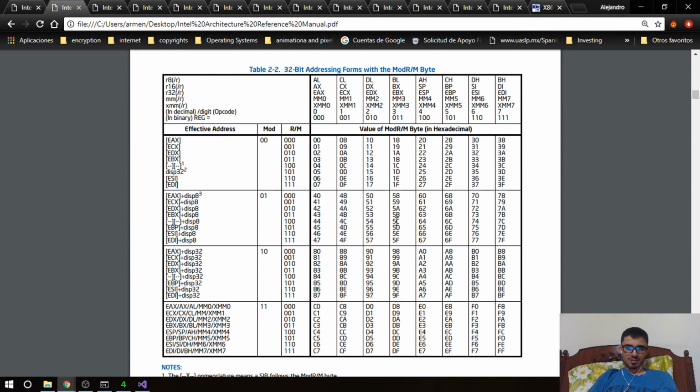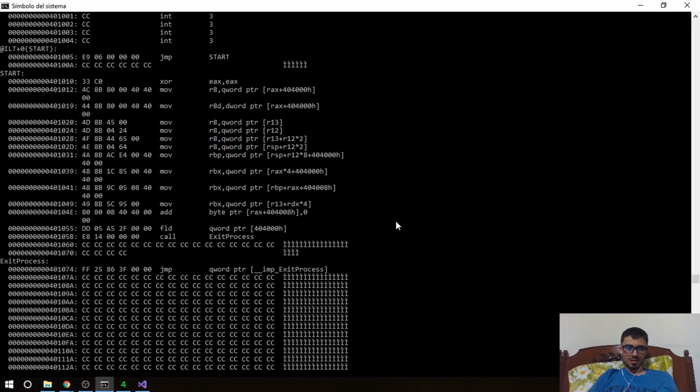Oh, look at this. We need an explicit displacement. That's why he did it that way. Even though we are not adding it, we need an explicit displacement. Oh, okay. That's good to know. Yeah, I mean, all these 00s that we added there are because that's the way they have to be encoded.